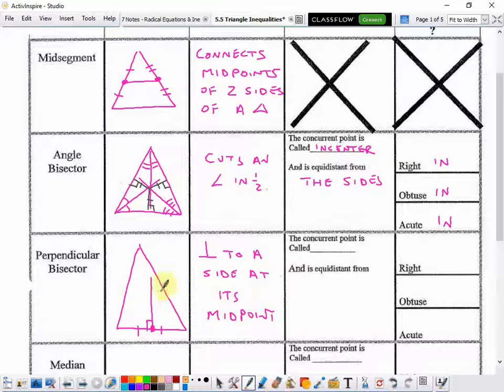If I draw in all three perpendicular bisectors, they will all meet at one point. And that point is called the centroid. And it is equidistant from the vertices. So the distance from this centroid to here, here, and here are all the same.